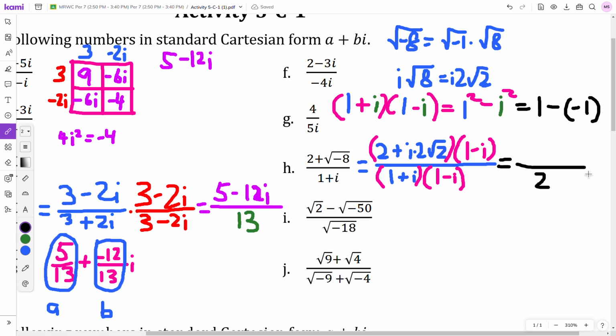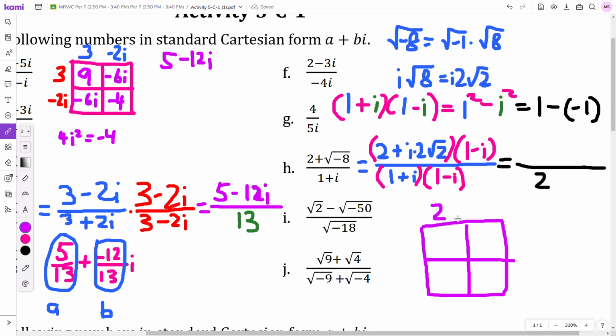Wow. And the numerator is fun. We have 2 plus i times 2 root 2, and we have 1 minus i.